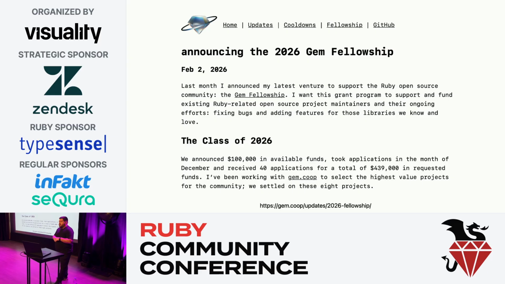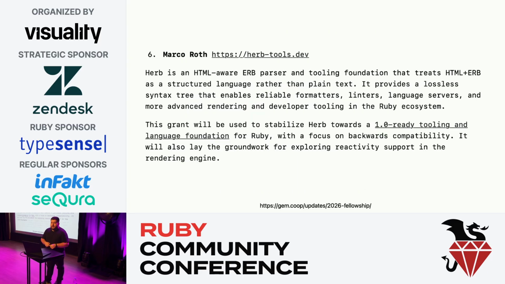They give out money for people to work on open source and Ruby, and they accepted Herb as one of the projects, supporting it with a grant to make Herb more efficient, but also to enable exploring some of this reactivity in the future. So that's really awesome to see. Thank you.